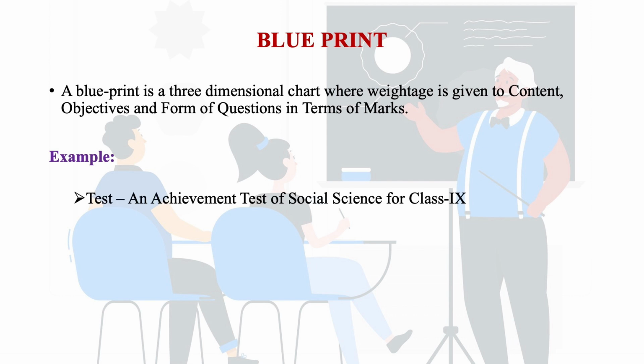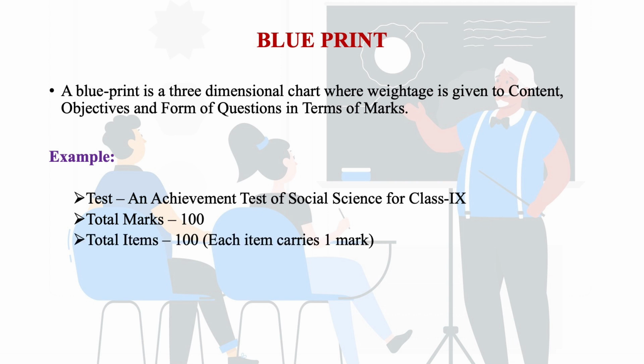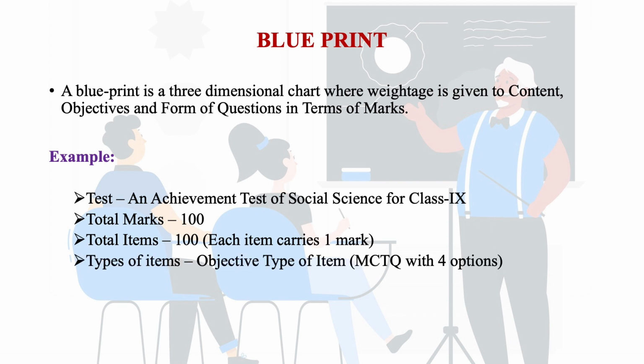As an example, take an achievement test of social science for class 9th students. The total mark of the test is 100, and the total number of items will also be 100, and each item carries 1 mark. The type of items is objective type, that is multiple choice questions with 4 options.